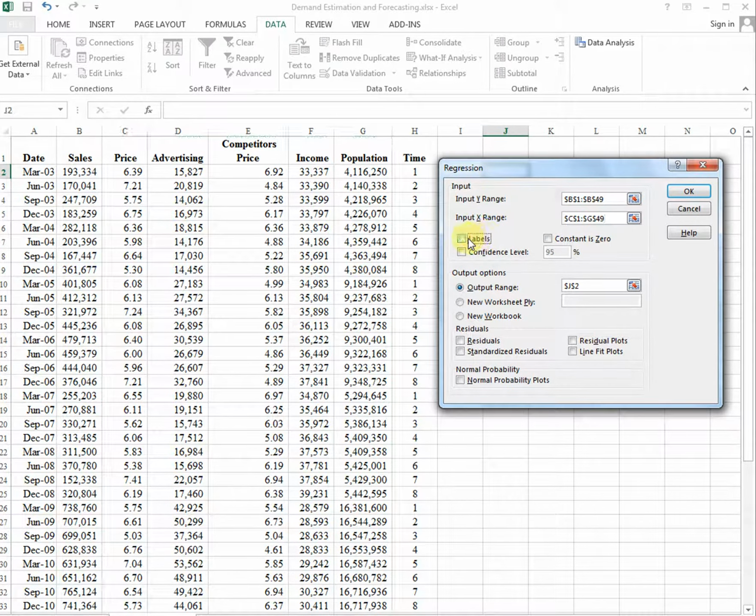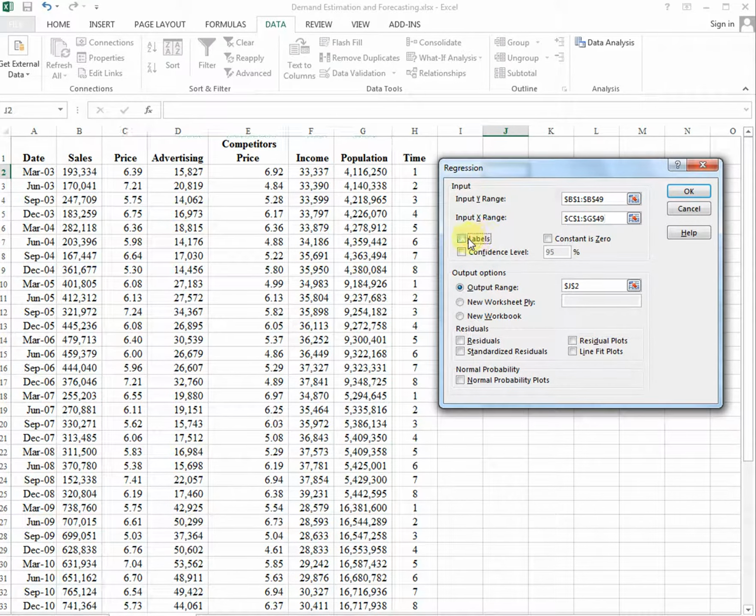Here I specified the J2 cell already. We don't need any of the other options. I have a video on how to use these or what they mean in the Business Statistics folder on this channel, so if you want to learn about regression analysis, you're welcome to watch those videos. So okay, and as you can see, it's a very quick solution, very quick output.